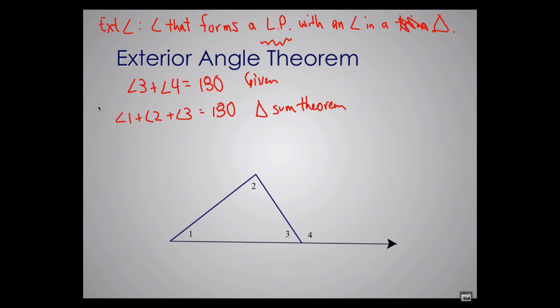Alright. Then you know that if angle 3 and angle 4 equal 180 and angle 1, 2 and 3 equal 180, then angle 4 equals angle 1 and 2.